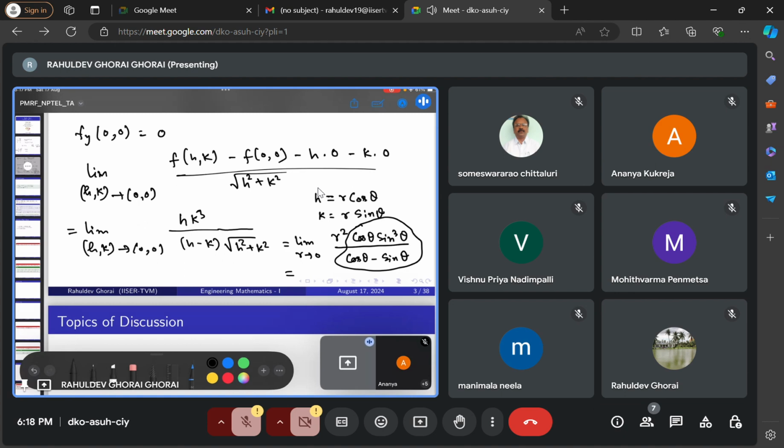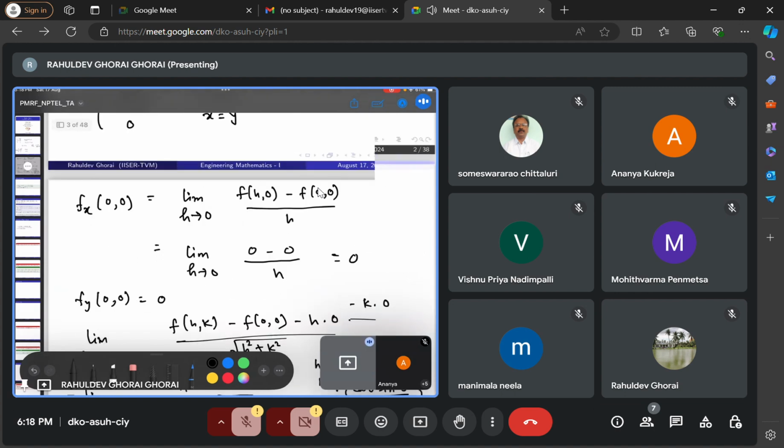As r tends to zero, it does not depend on r, so r square times this quantity will be zero, right? But when cos theta equal to sin theta, meaning r cos theta equal to r sin theta, and x equal to y, the function is zero. That's how we define the function.